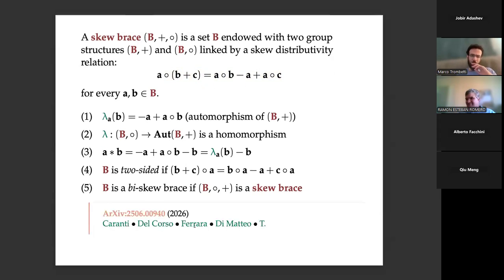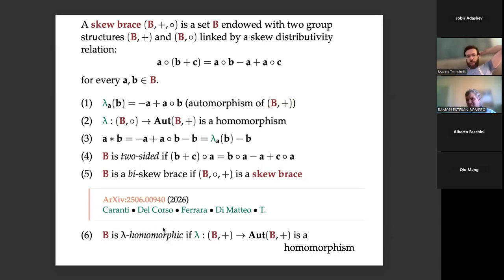And actually, in this respect, I think we have noticed in this paper with Andrea Caranti, Ilaria Del Corso, Maria Ferrara, Massimiliano Di Matteo, that being bi-skew brace means that these maps here, the lambda automorphisms of the additive groups, need to be skew brace automorphisms. So being bi-skew brace is equivalent to requiring that the lambdas here are skew brace automorphisms and not just automorphisms of the additive structure.